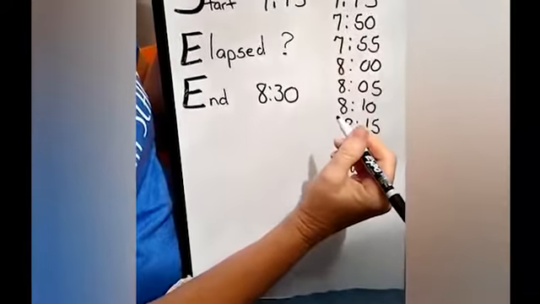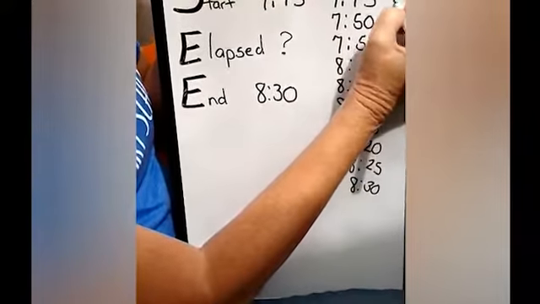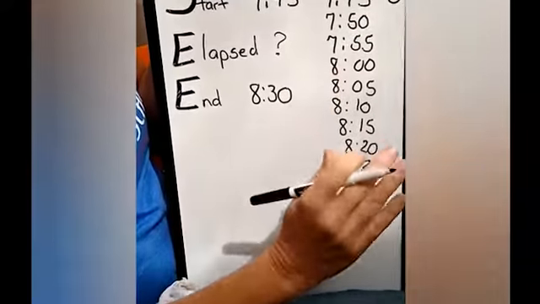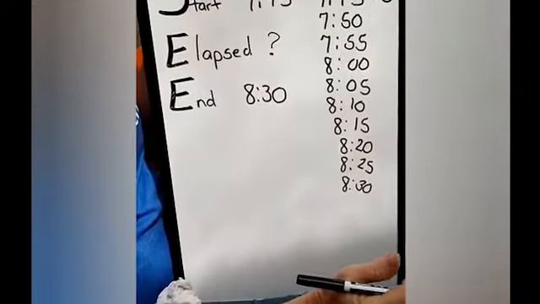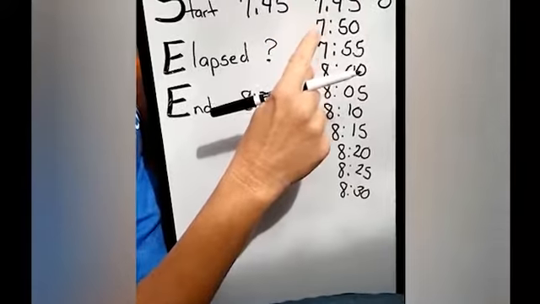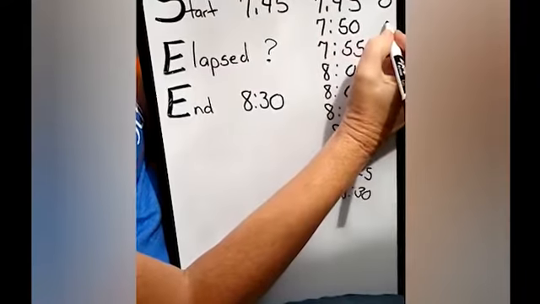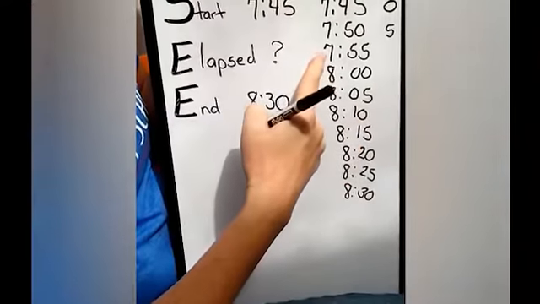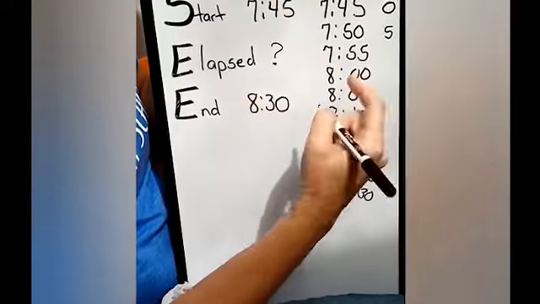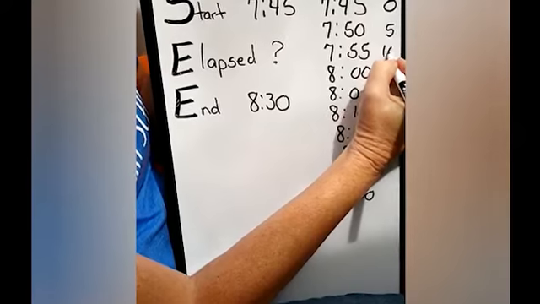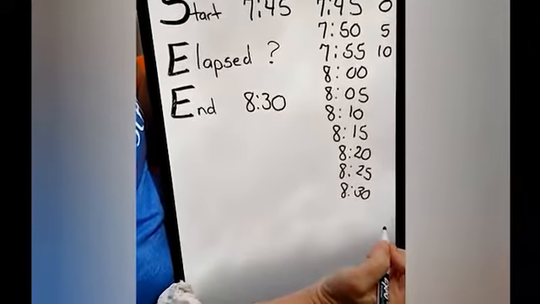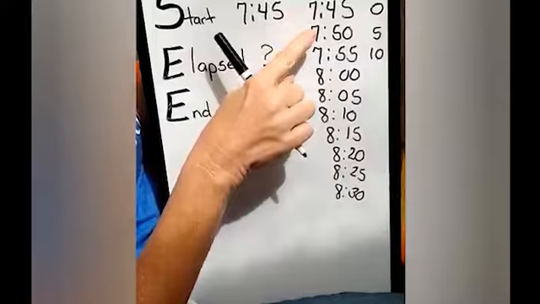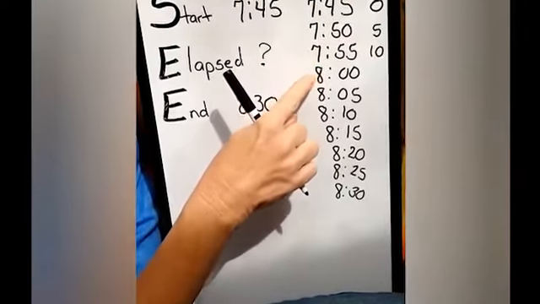Well, if I start at 7:45, that's my start time. So no minutes went by. That's just 0. That's where I've started. And when I moved from 7:45 to 7:50, I skip counted by 5 minutes. And when I go from 7:50 to 7:55, that's another 5 minutes. So now I've gone 10 minutes. So 0, 5, 10.